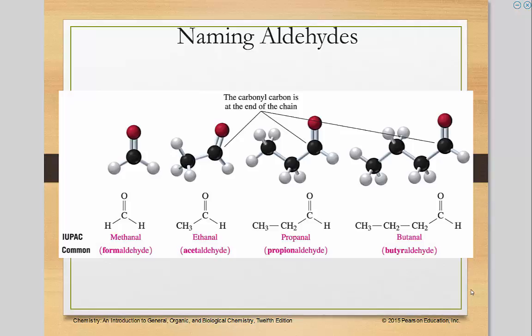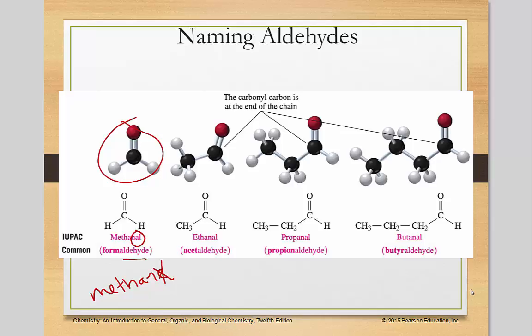So just to give you some kind of reference, this is a methane group with that double bonded oxygen, right? So ordinarily this would be methane. We take off that E and we slap on an Al, so it's methanal. The common name is formaldehyde.